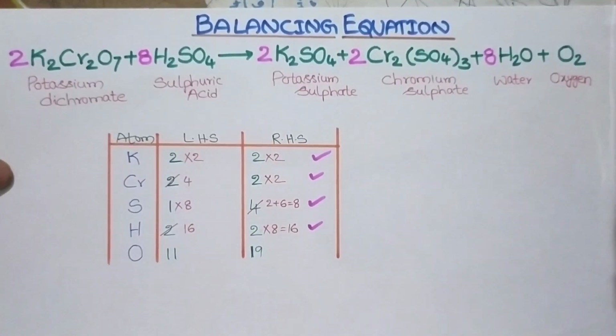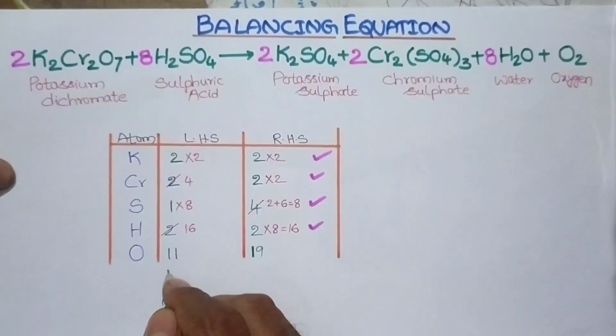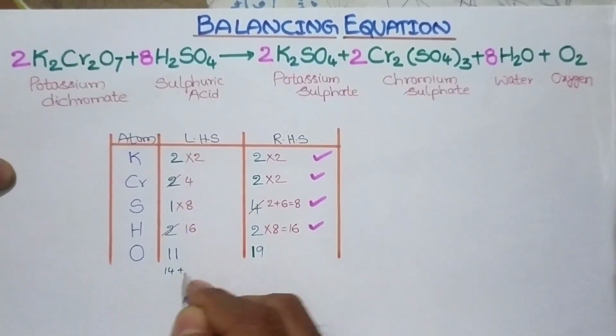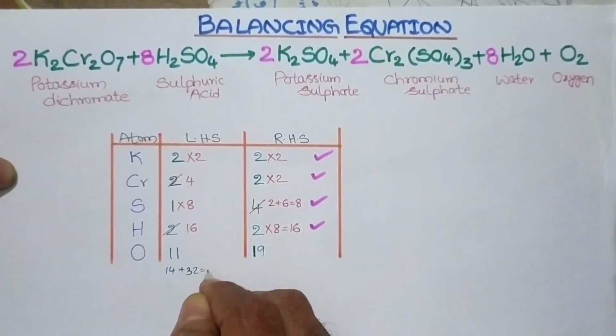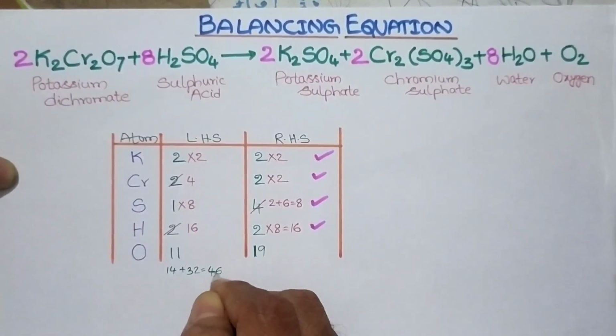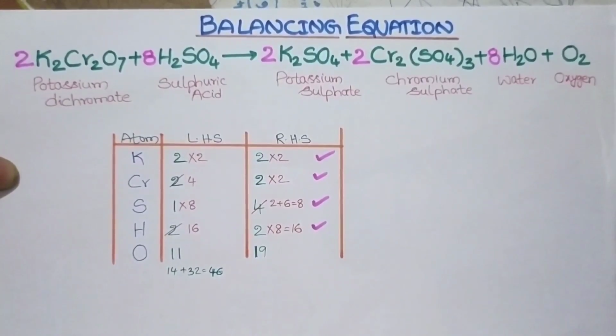Now let us finally check oxygen. Here 2 7s are 14 plus 8 4s are 32. So total here 46 are there. Let us count the right side also.